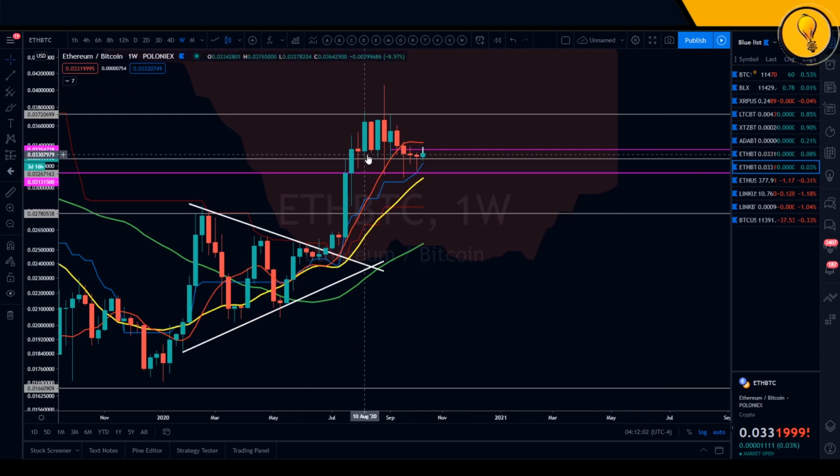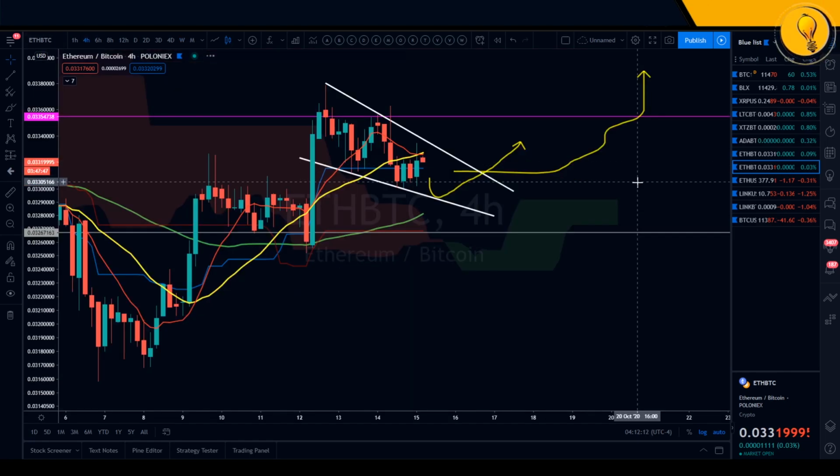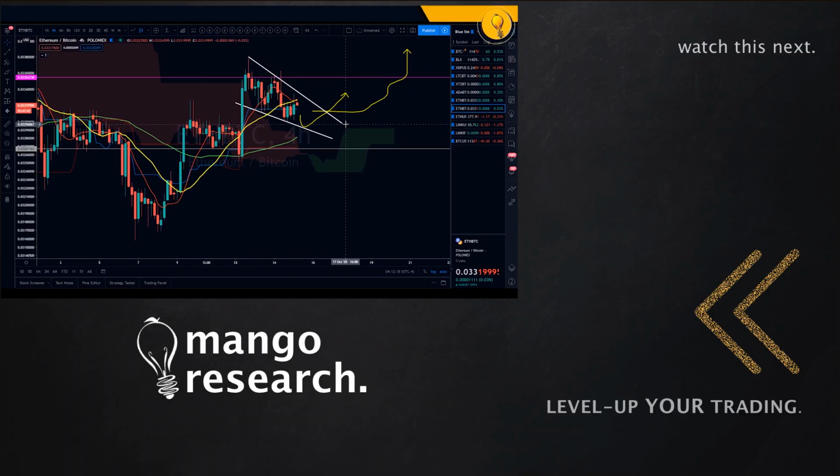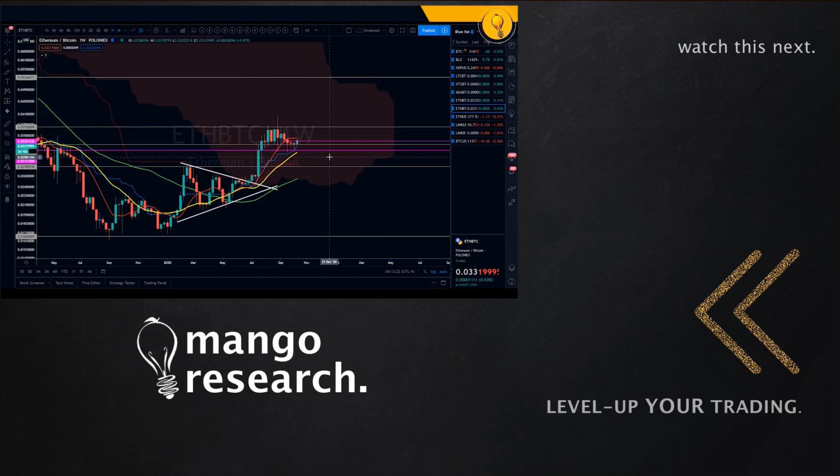It's looking good. We're currently sitting on support. We've been getting supported for 4 weeks in a row. I will be giving this more precedence than anything else that's happening on those lower time frames. This is that major weekly support. Sure, we could see price come down there, but I do believe the overall bullish picture would still be intact. This is all I have for you for Ethereum, ETHUSD, as well as ETHBTC.